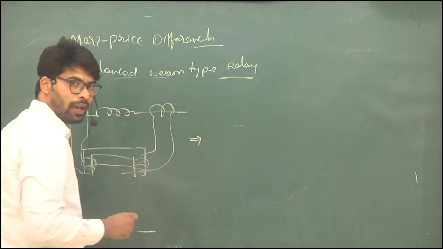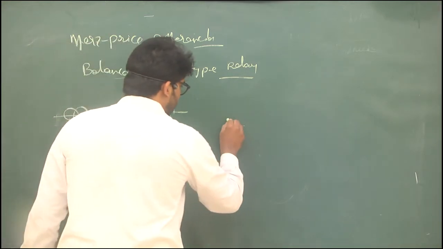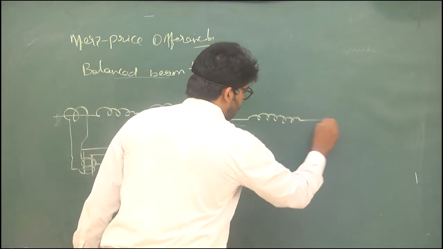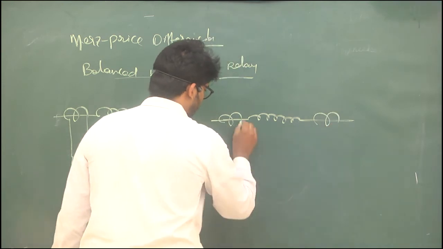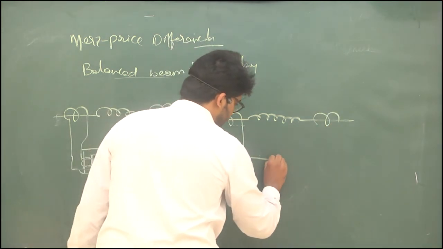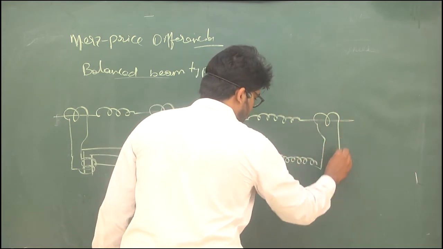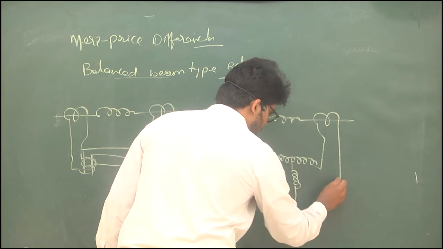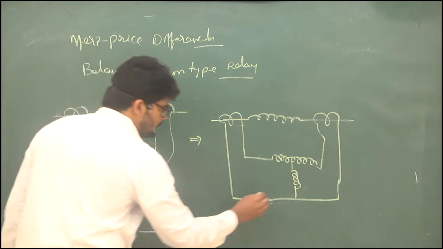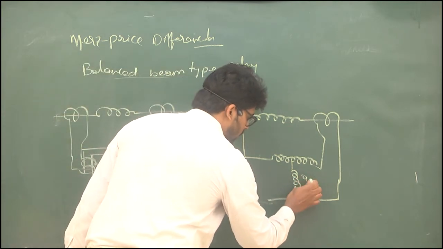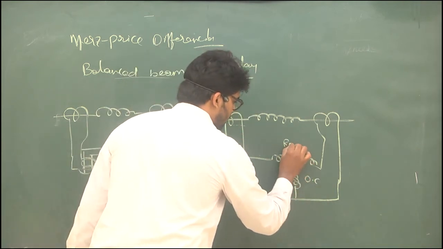I am drawing an equivalent circuit to understand the flow of currents. This is a protection zone, and these are the CTs, connected like this. I am representing the operating coil as OC, and this is the restraining coil, which we'll name RC.